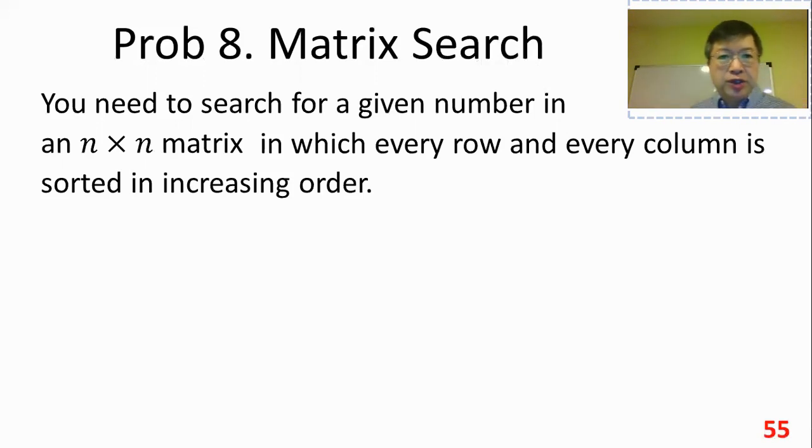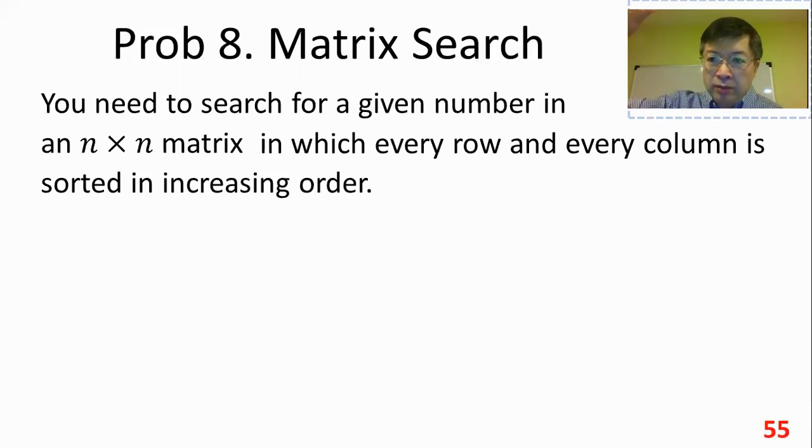You need to search for a given number in an n by n matrix, in which every row and every column is sorted in increasing order. So horizontally, from left to right, the entries in each row are increasing.